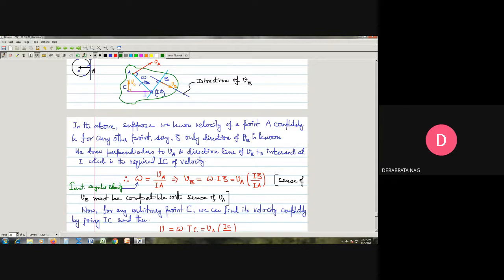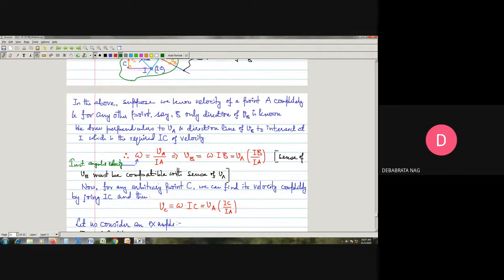As a result, the sense will be in this direction, and we can find the velocity of point C. The velocity of point C will be omega times IC, and since omega is already known to be VA by IA, I can put it equal to VA into IC divided by IA.